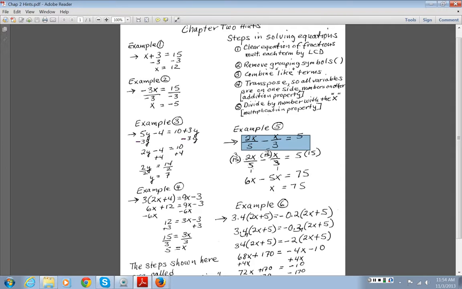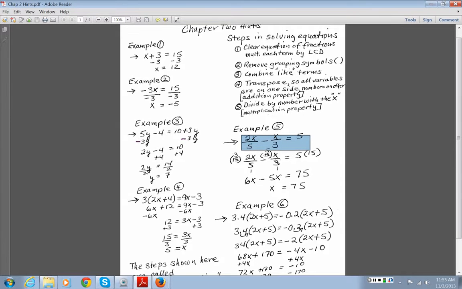And then 3 goes in the 3 once, 3 goes in the 15 5 times. So what I have in my denominators now are just ones because I have changed this equation. It's not the same anymore, but it's equivalent. And because there's no fractions, it's much easier to work it.